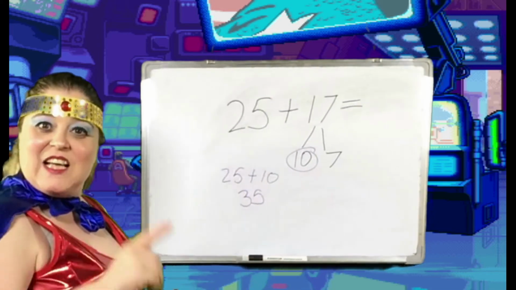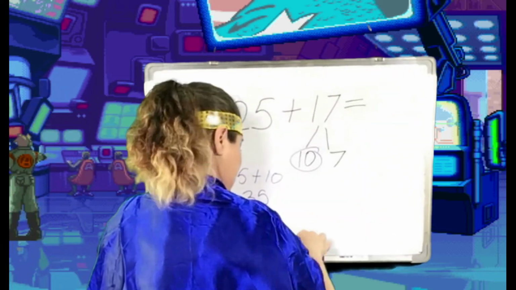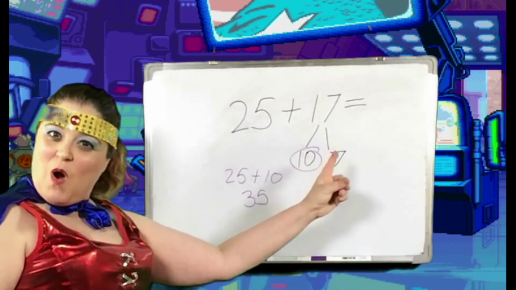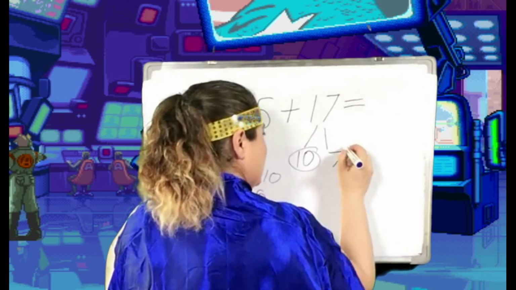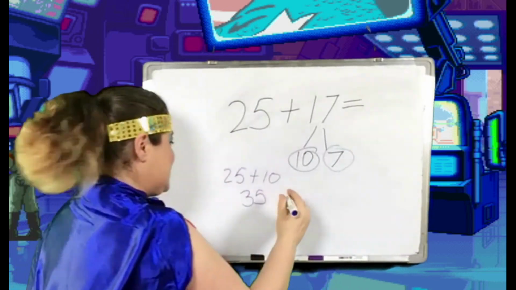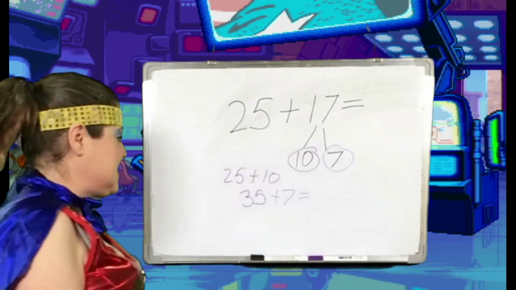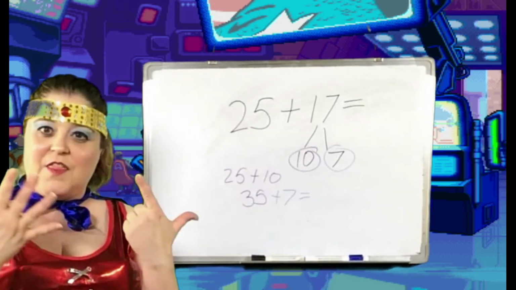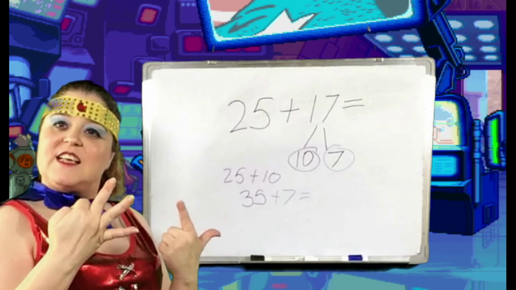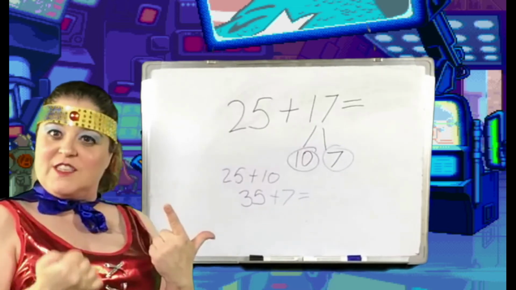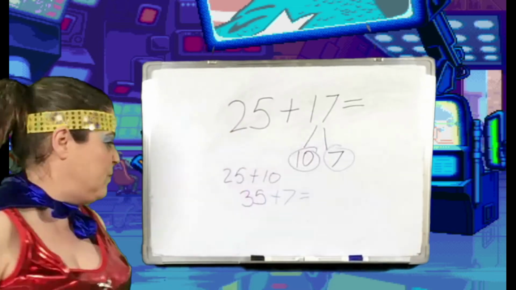Next, we add the ones. We add the ones from the smaller number to our answer here. 35 plus 7. 35, 36, 37, 38, 39, 40, 42.